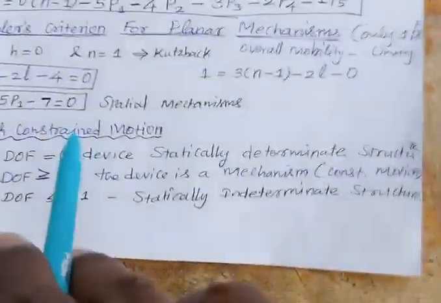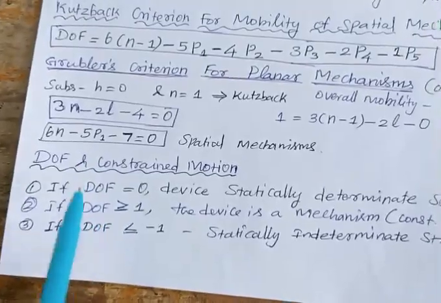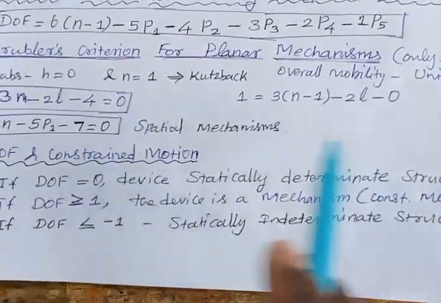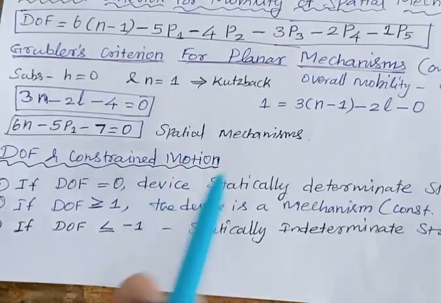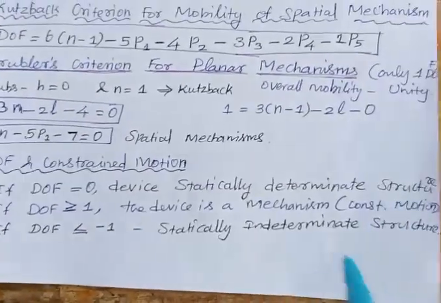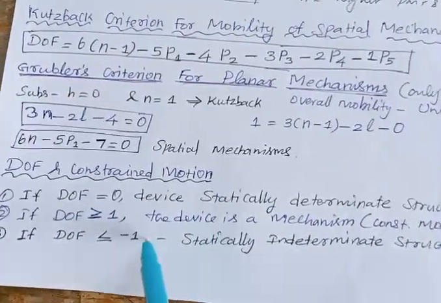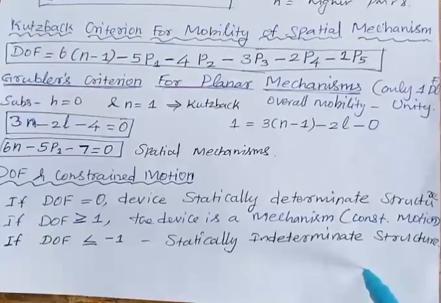We already discussed that if degrees of freedom equals 0, the device is a statically determined structure. If degrees of freedom is greater than or equal to 1, the device is a mechanism with constrained motion. If it is less than or equal to minus 1, it is a statically indeterminate structure.